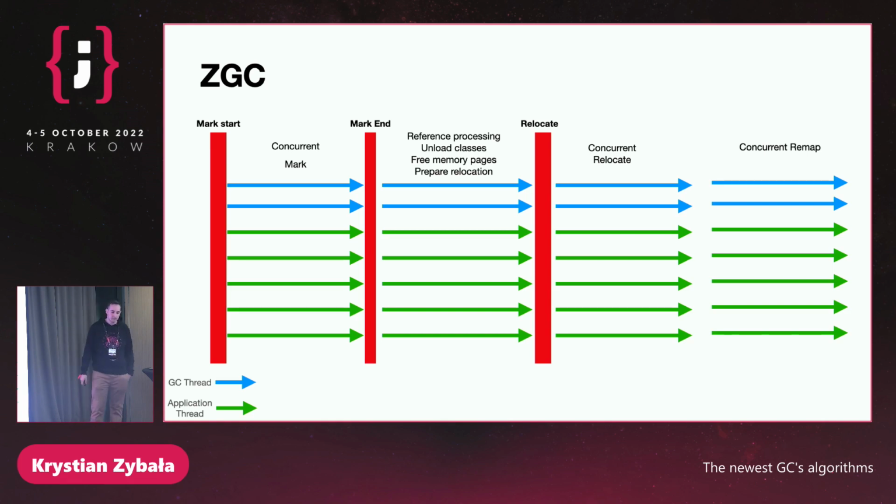And ZGC has only 3 stop-the-world phases. It's better than Shenandoah. But mark start is a phase which is a bit larger than in Shenandoah. In this scenario, ZGC gathers information about, of course, live root sets, local variables, static fields, and so on.